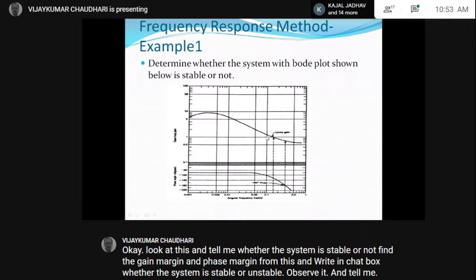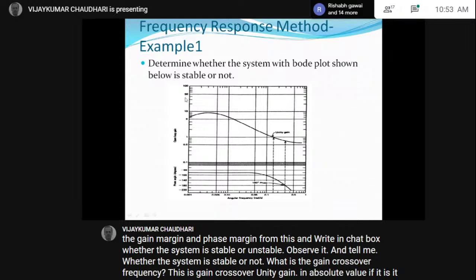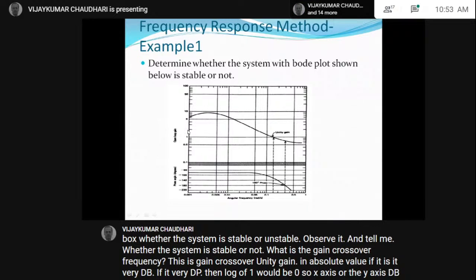What is the gain crossover frequency? This is gain crossover, unity gain. Okay, absolute value. If it were in dB, then log of 1 would be 0. So the y-axis, the dB axis, would start from 0.